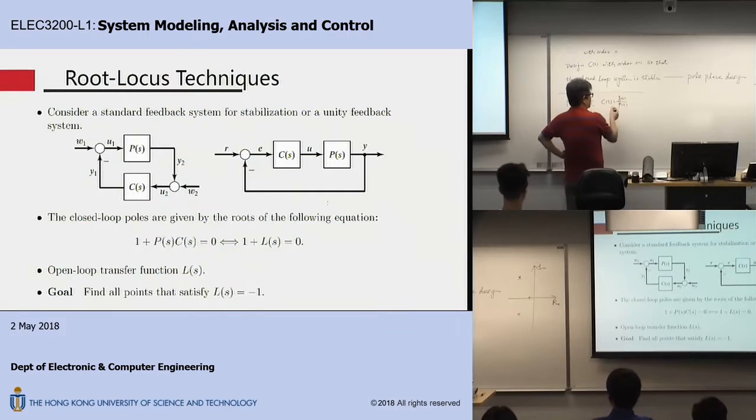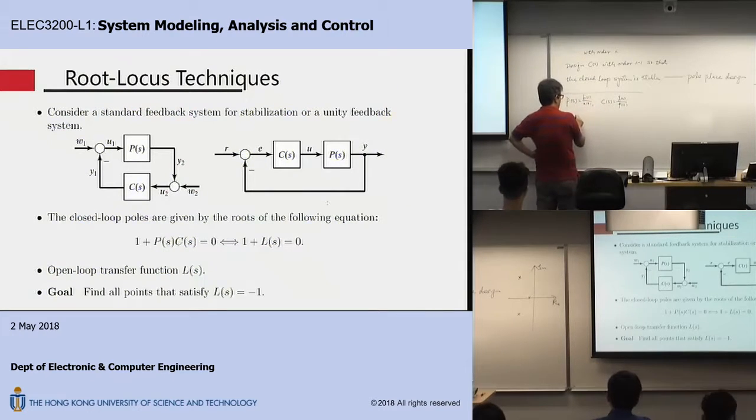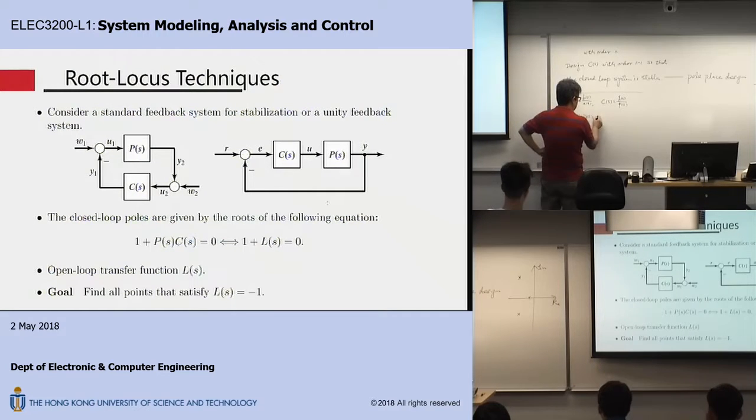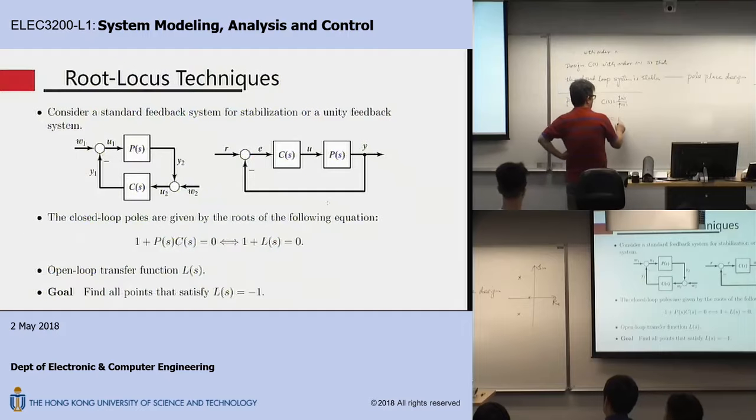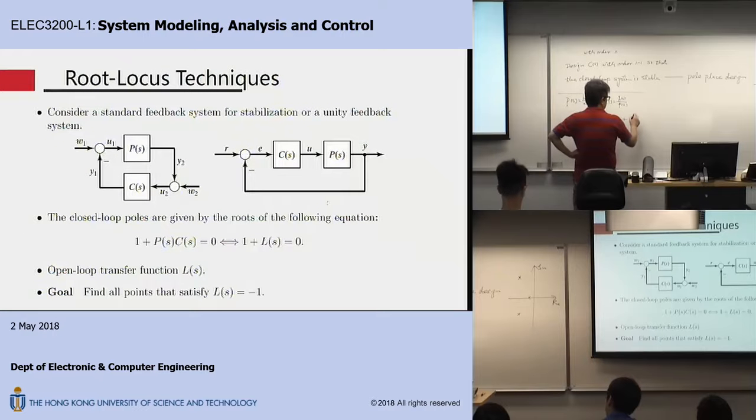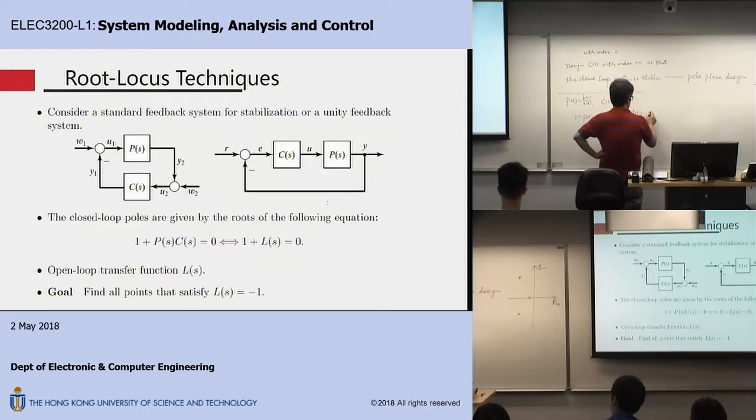Put together, then 1 plus P(s)C(s) is equal to 1 plus B(s)q(s) over A(s)p(s).